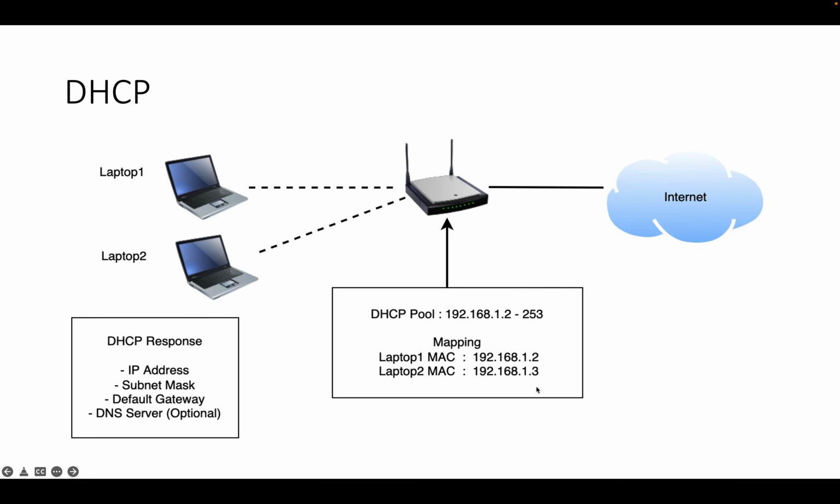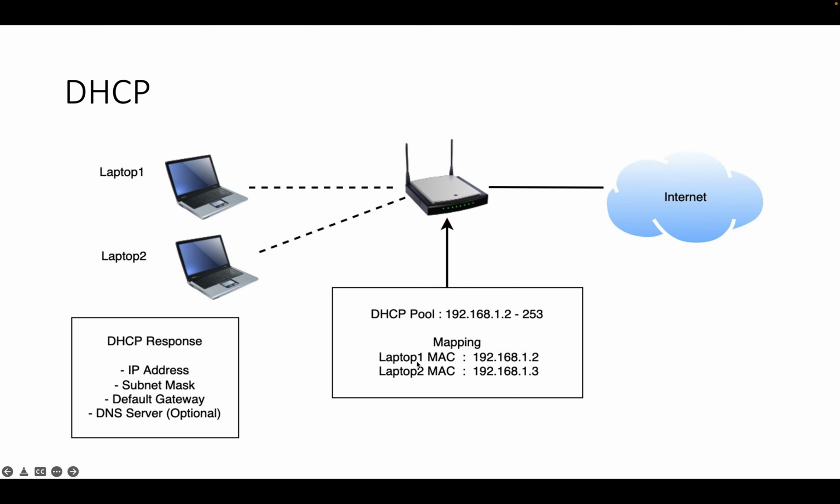And this mapping is valid till the lease expires. If a laptop makes a request again within the lease expiry time, it's going to get the same IP address. But when the lease expires, this laptop may or may not receive the same IP address. So this is all this mapping is telling you.